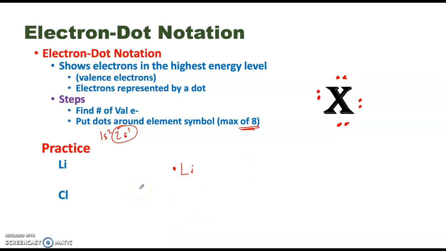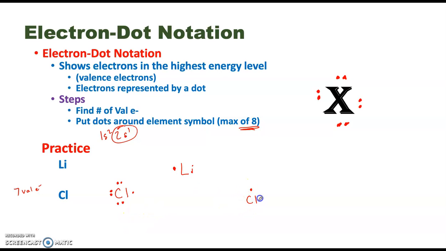The next one, chlorine. To save some time, I'm just going to tell you that this one has 7 valence electrons. So I take Cl and I go 1, 2, 3, 4. Just to show you, I could go like this: 5, 6, and 7. So that would be an example of chlorine.